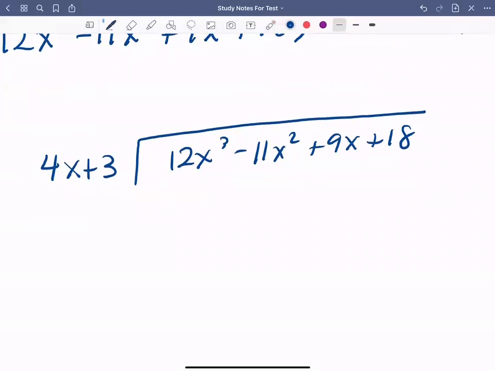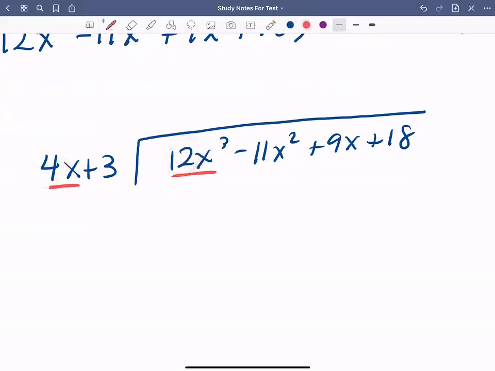So here we ask ourselves, 4x times what gives us 12x cubed? This is the only question we need to ask ourselves to begin with. First, we look at the coefficients, 4 and 12. How do we make 4 become 12 by multiplying it by a number?